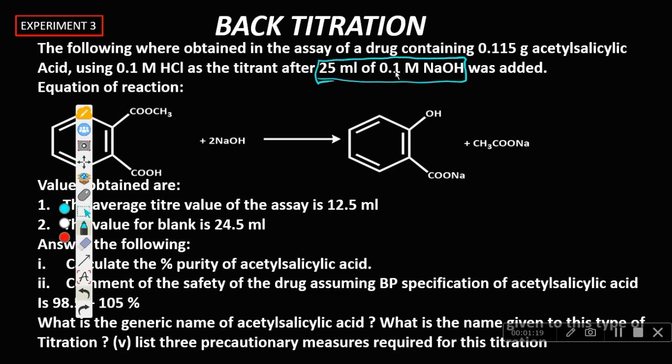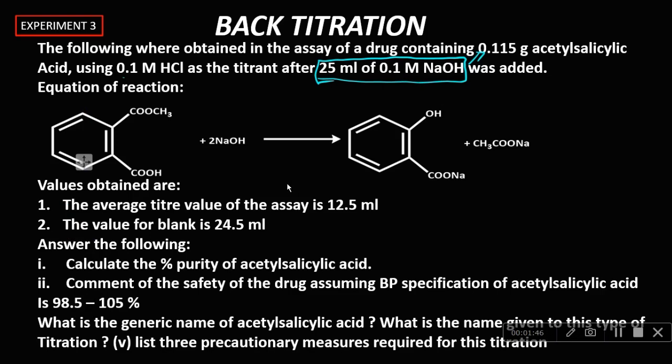So it means the 0.1 molar sodium hydroxide is what reacted with acetylsalicylic acid directly. True. This 0.1 molar HCl reacted with the remnant, the excess of the sodium hydroxide. So what interacted with acetylsalicylic acid is 0.1 molar sodium hydroxide.